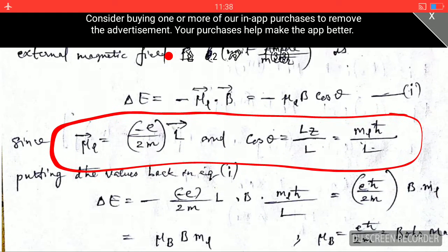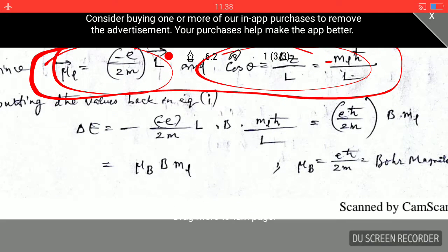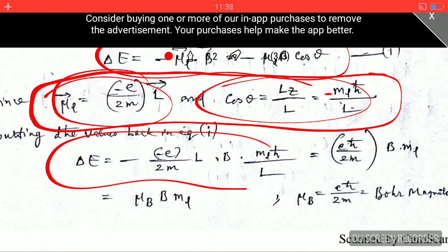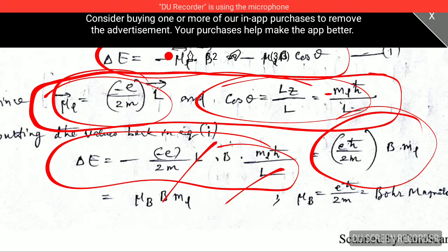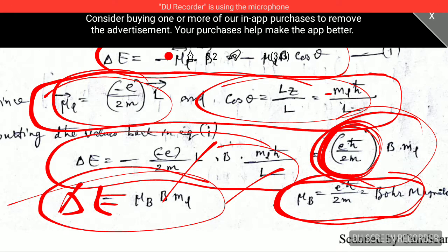Now what I am going to do is put this value and this value back in this equation. So I have substituted the values here. You can see that something cancels out, like this L and L got cancelled, and I am only left with this quantity. This quantity is further equal to this Bohr magneton, and finally my delta E is equal to this much.